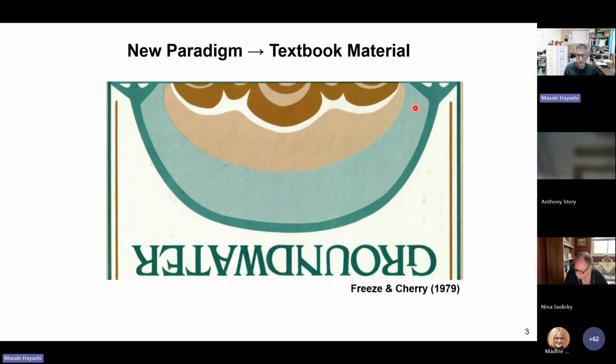Reading chapter 6 of this textbook was one of the reasons why I came to Canada to study my PhD at the University of Waterloo. Many people have many different experiences with this diagram. And of course, this groundwater flow system is the reason why we're gathering together here online.